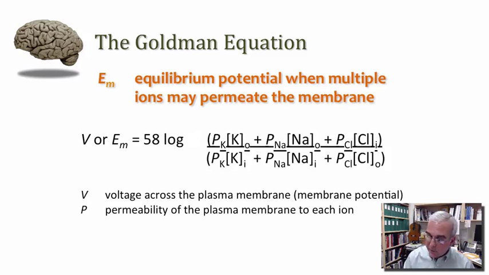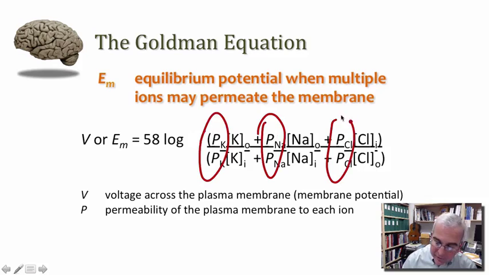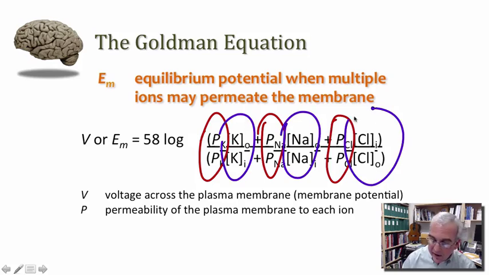So what we have in the Goldman equation are terms that allow us to account for the permeability of ions. That's what these P terms are. And we have concentration gradients with outside over in for potassium, for sodium, and then inside over out for chloride.